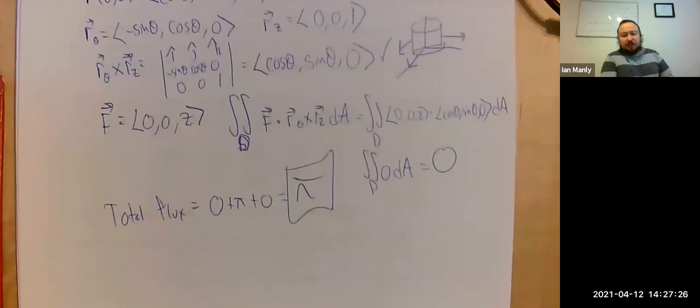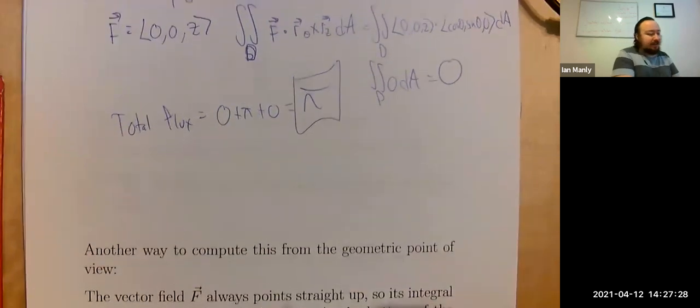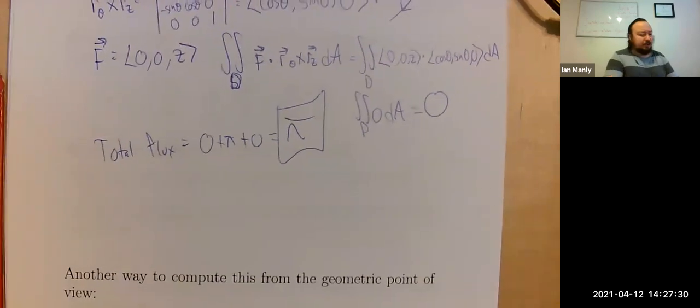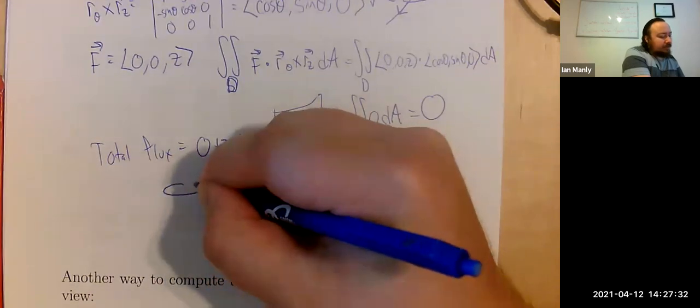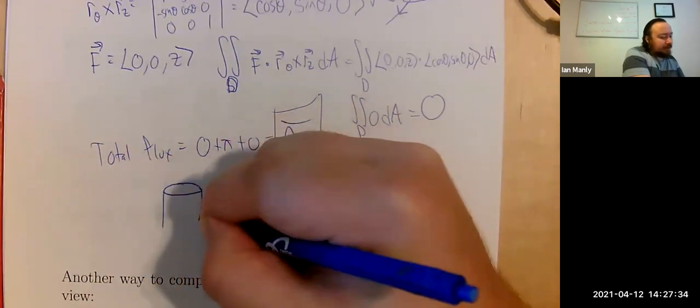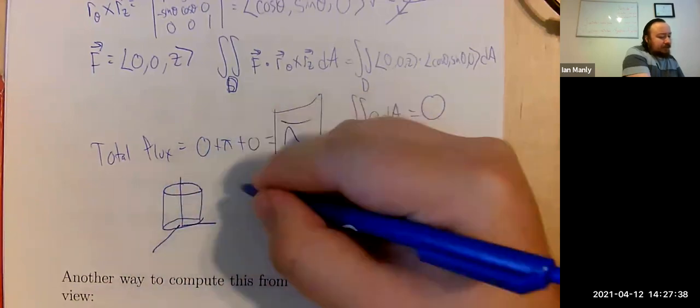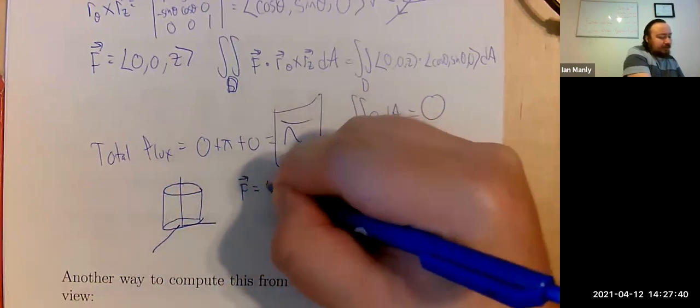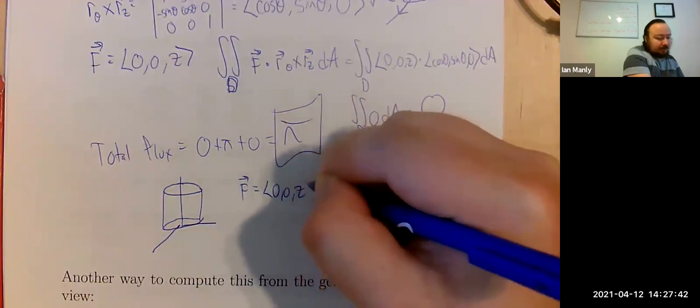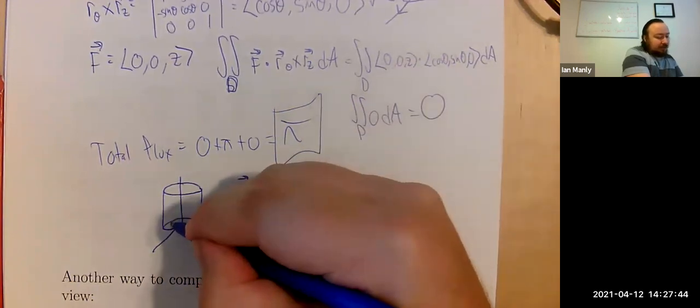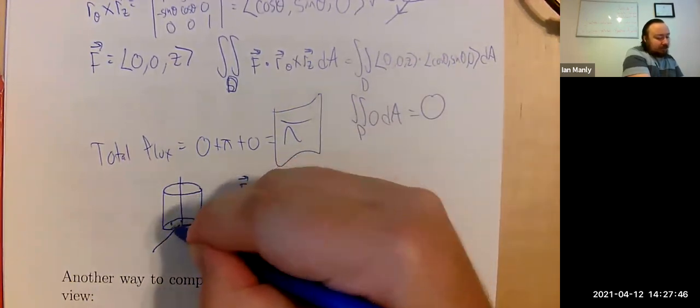Now, there's another way to compute this, and this one I think is a bit more intuitive than the previous way. If we draw the vector field again and then the cylinder, remember that our vector field was just 0, 0, Z, right? So it's going to be 0 vectors down here, which I'll represent by just little points.